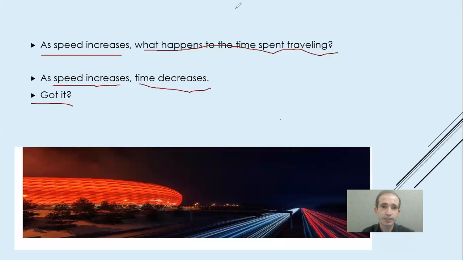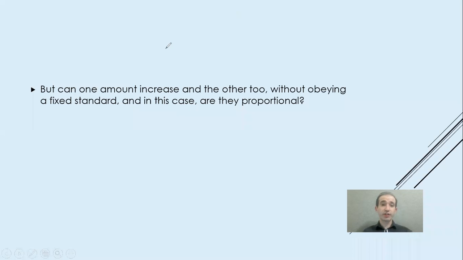Let's move on to the next slide. Now we have an important question that is very helpful so that you can achieve the right conclusions in your analysis. This question is so important: can one amount increase and the other too, without obeying a fixed standard?